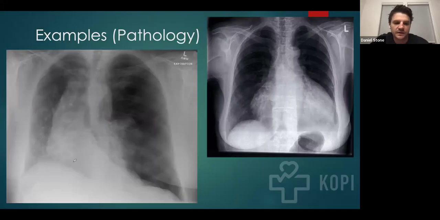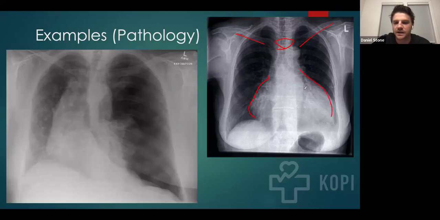So here are a couple examples of pathology. You can see here, this is a PA on the right. You can see that there's a PA view. You can tell from the clavicles. Moving downwards, you can see that there's an immediate mediastinal abnormality and some cardiomegaly.